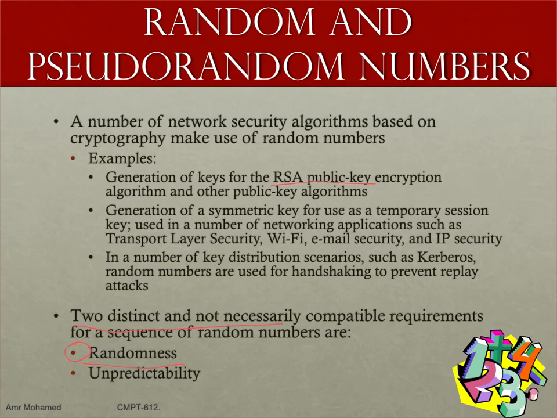How do we measure the true randomness of this key sequence or bit sequence? The second characteristic is unpredictability. Unpredictability here means that if I know part of that bit sequence, is there any correlation between that part and any following parts?